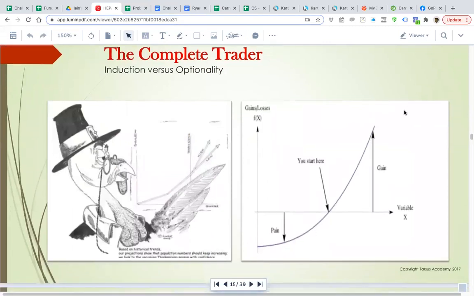This graph on the right represents convexity, where the amount of pain that you can suffer is limited to a maximum, and quite a small maximum amount. Whereas the amount that you stand to gain is potentially unlimited. And that's why this curve is shaped more like a smile, for those of us who understand convexity. Whereas what most people do is they adopt the opposite approach.